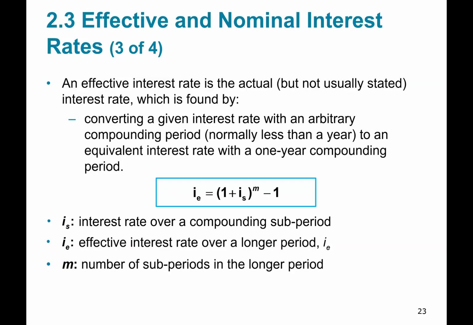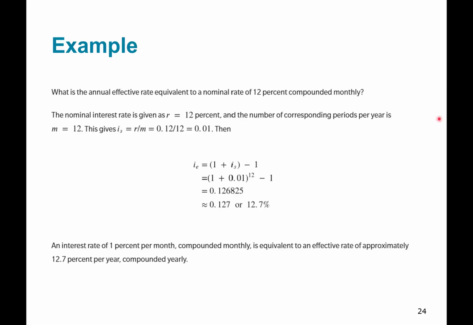Let's take a look at an example of how this works. What is the annual effective rate equivalent to a nominal rate of 12% compounded monthly? The nominal interest rate is given as r equals 12%, and the number of corresponding periods per year is m equals 12.